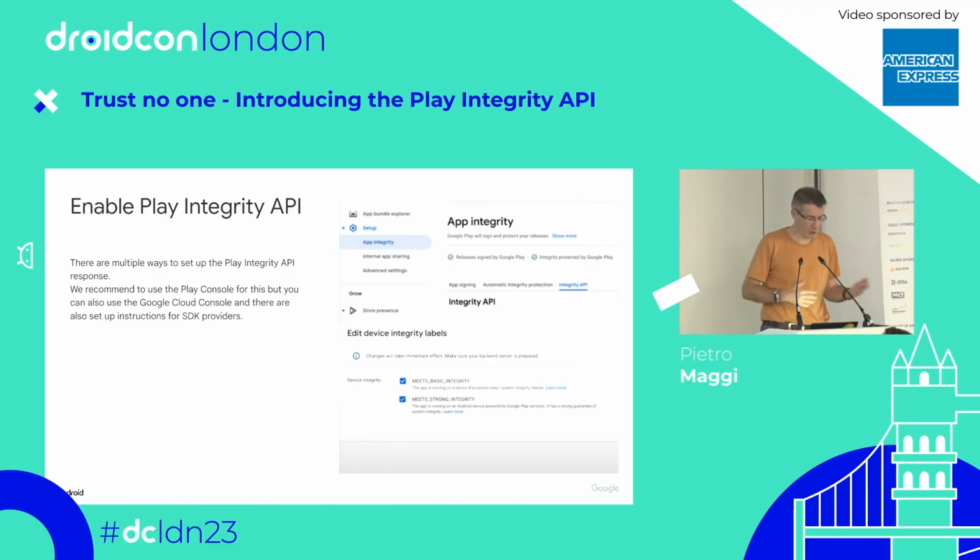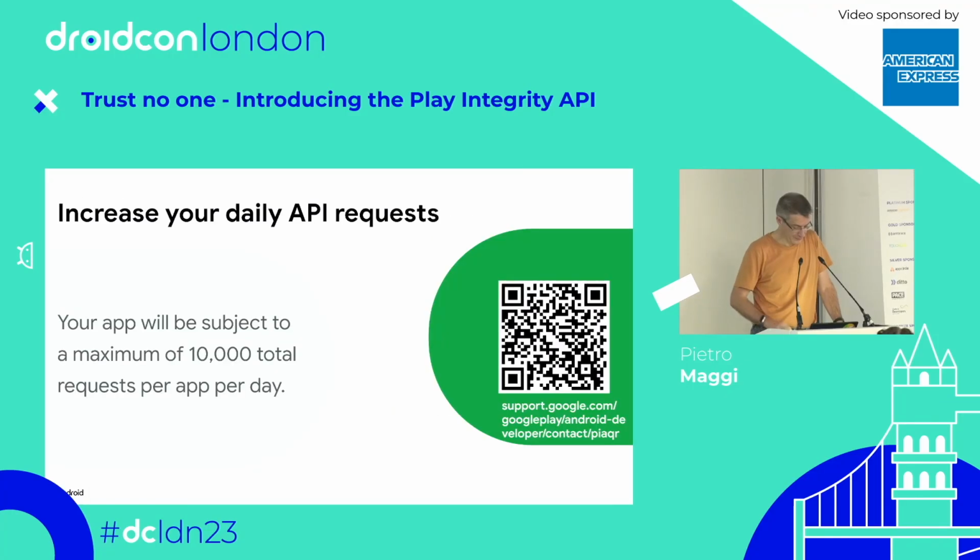So you can enable one or both of them. As I said multiple times, the suggestion is to enable this and get the additional information. The quota is 10,000 requests a day, simply to avoid DDoS attacks on our servers. We have quotas on all the APIs, and you can request a quota increase.